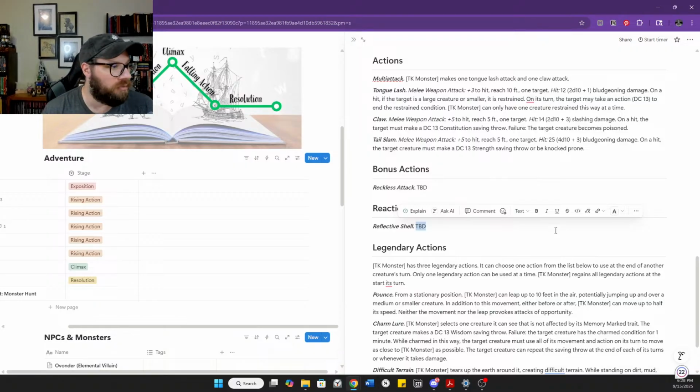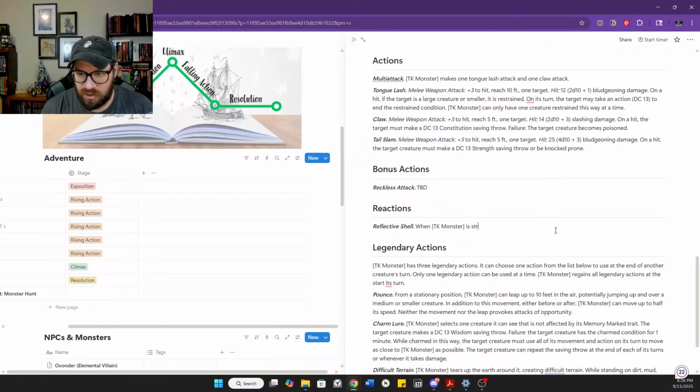So the reflective shell, we can say when TK monster is struck by an attack, it protects itself with its shell.